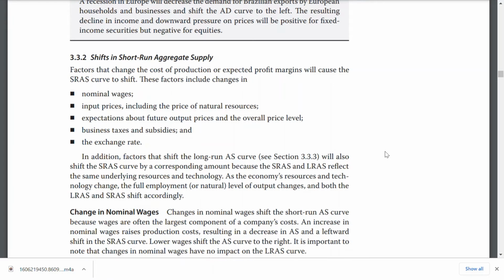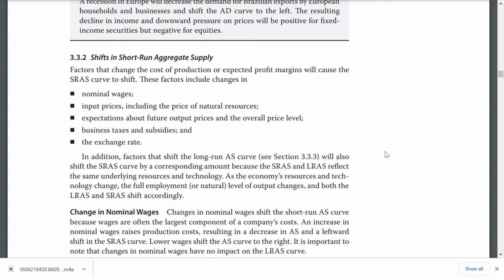3.2.2 Shifts in short-run aggregate supply. Factors that change the cost of production or expected profit margins will cause the SRAS curve to shift. These factors include changes in nominal wages, input prices, including the price of natural resources, expectations about future output prices and other price levels, business taxes and subsidies, and exchange rates.